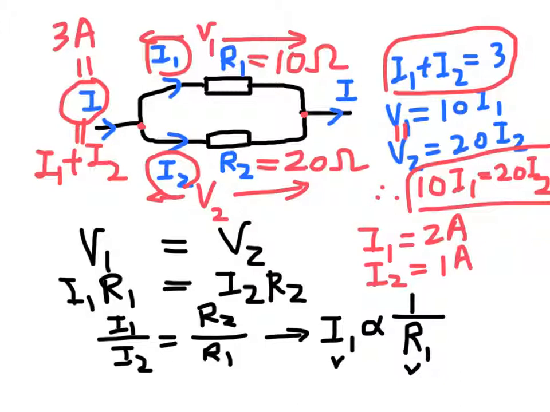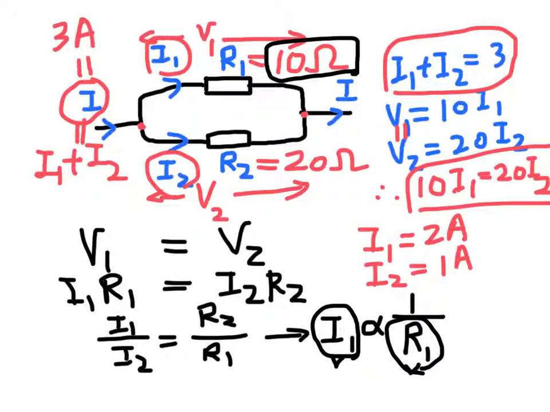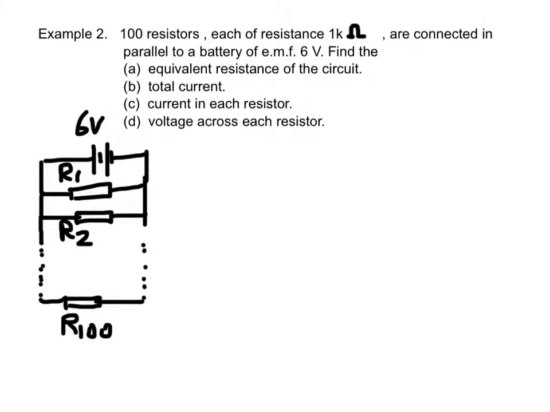Since I is inversely proportional to resistance when resistors are connected in parallel, the smaller resistance resistor will have a greater current. Example 2.